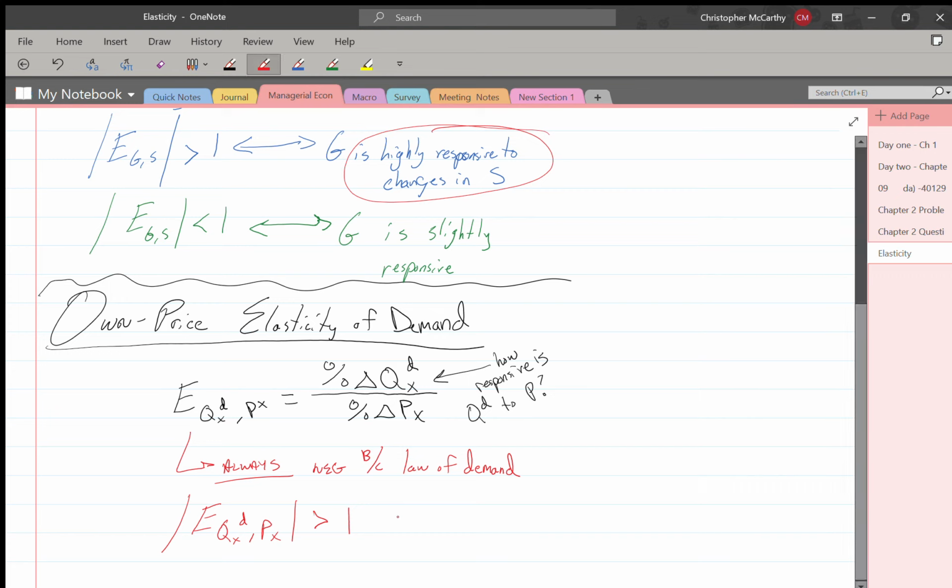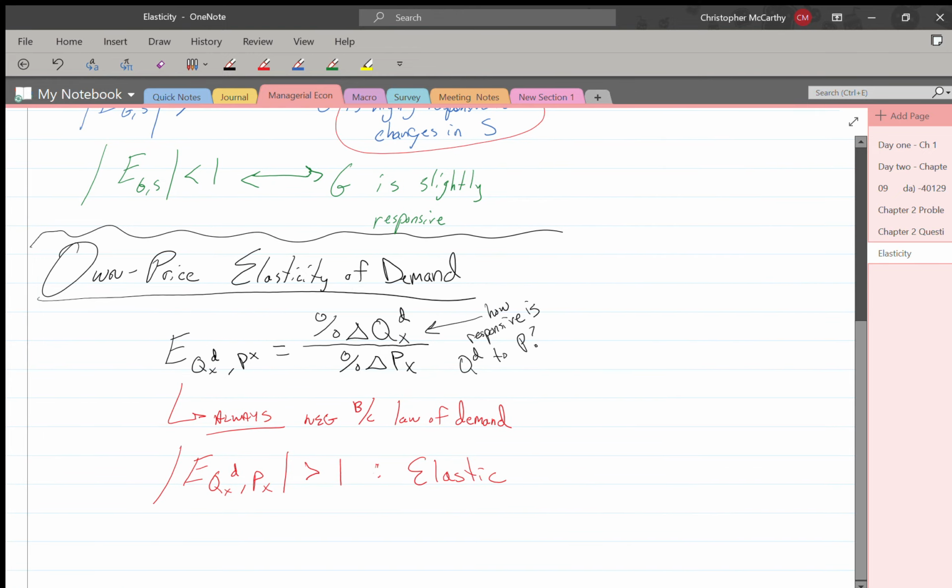So we would call that demand elastic. The changes in the quantity are greater than the changes in the price. If it's less than 1, we call that inelastic.